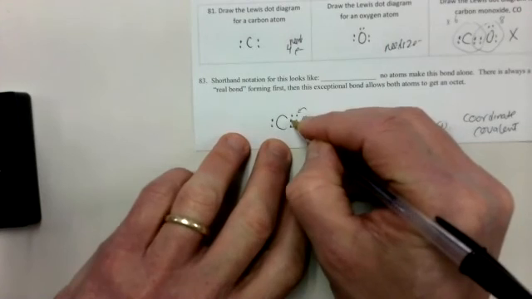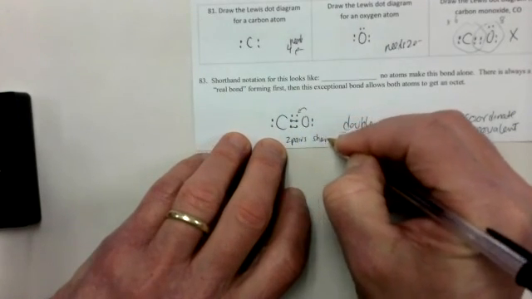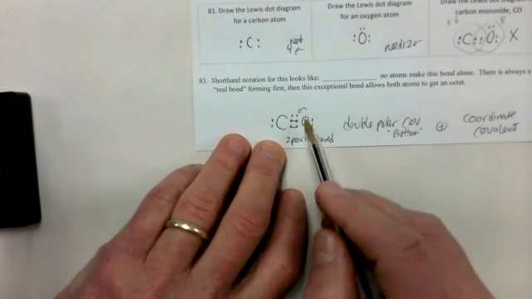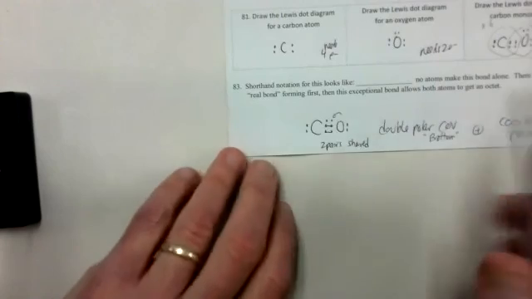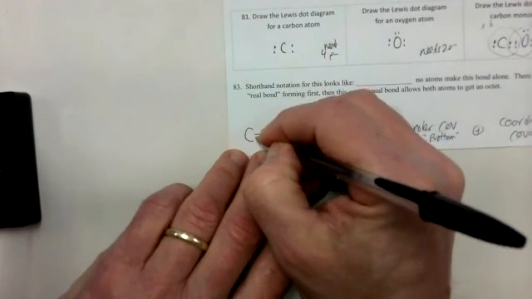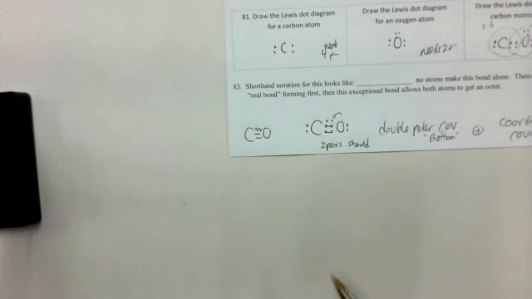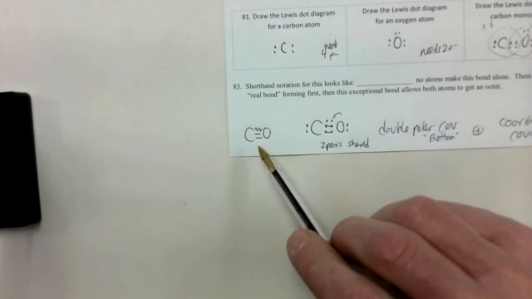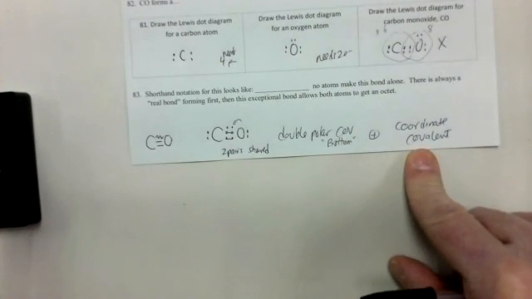These 2 pairs of electrons, there's 2 pairs that are shared. That's the double bond. Then there's something called coordinate covalent bond. And the way we're going to show that is going to look like this. It's going to look like a double bond, and I throw a little wiggly line in there to say it's not a triple bond, but something else is going on, and that something else is called a coordinate covalent bond.